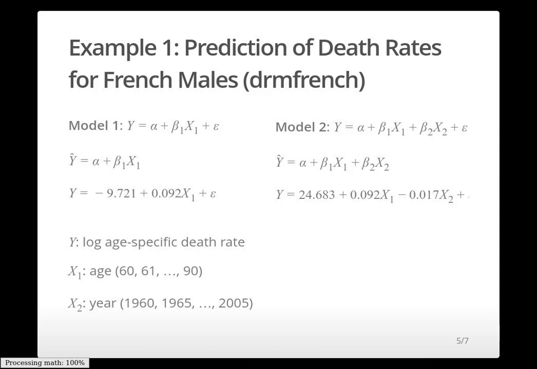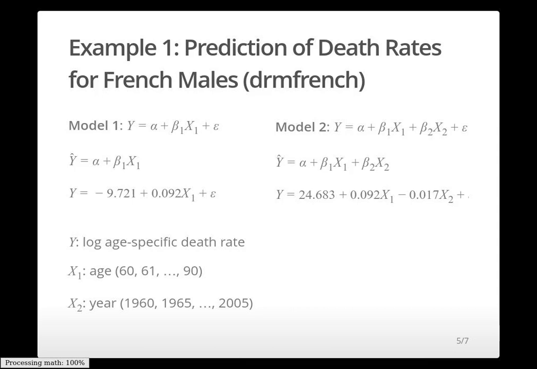In these equations, y is the logarithm of age-specific death rate, x1 is age, ranging from 60 to 90, and x2 is calendar year, ranging from 1960 to 2005, in 5-year intervals such as 1960, 1965, 1970, etc., up to 2005. Y hat is the logarithm of predicted age-specific death rate, whereas y is the logarithm of observed age-specific death rate. Epsilon is the difference between y and y hat.